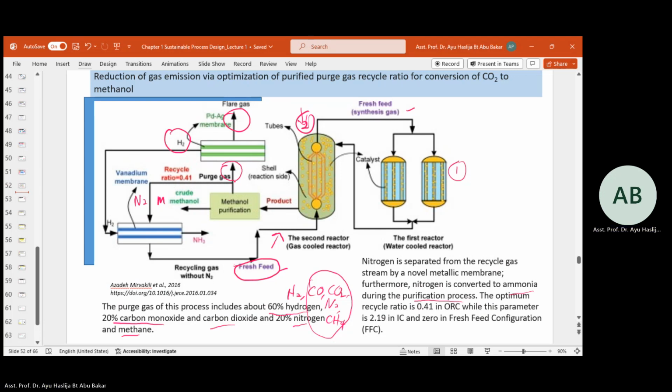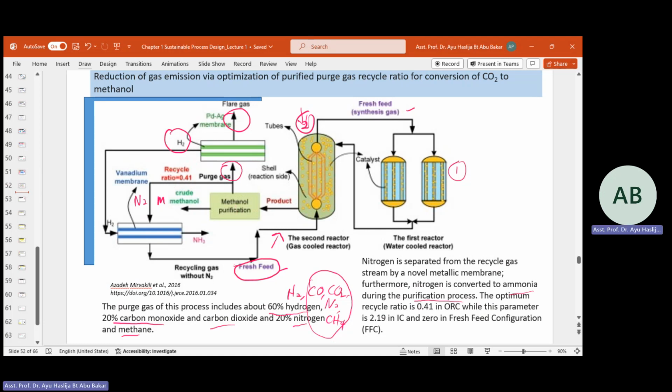This stream consists of the feed, which is the H2 and CO2. It can still be considered the first case because it mentions the methanol purification process, so it must have a specific unit to separate the product and the unreacted reactant.